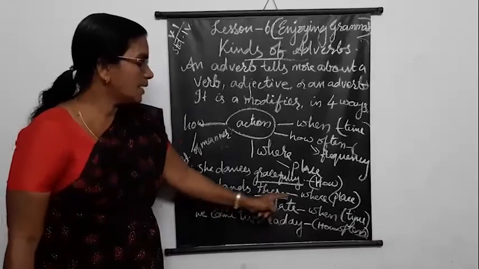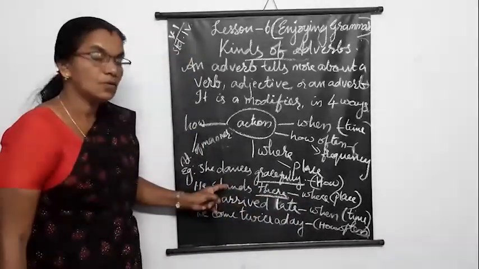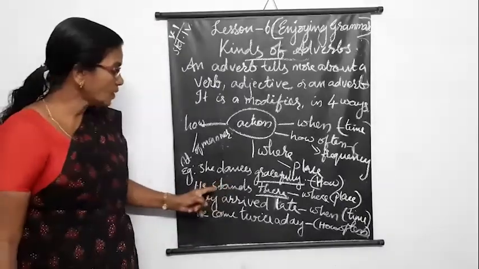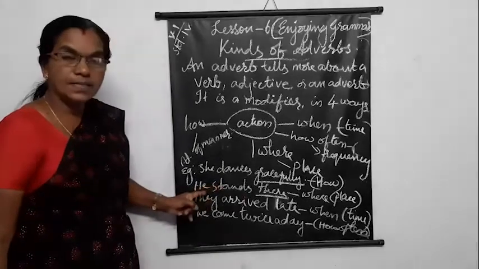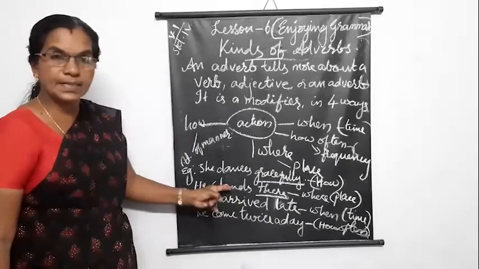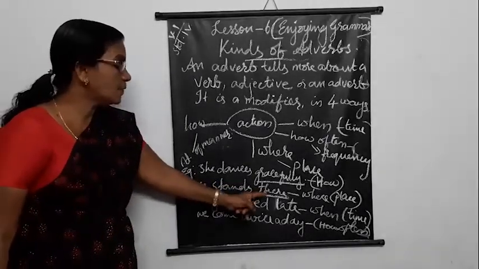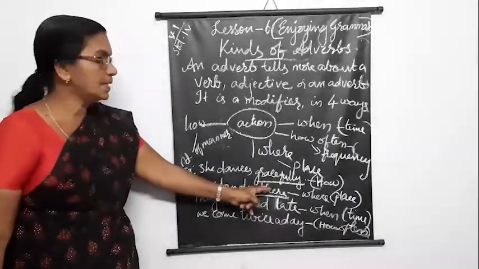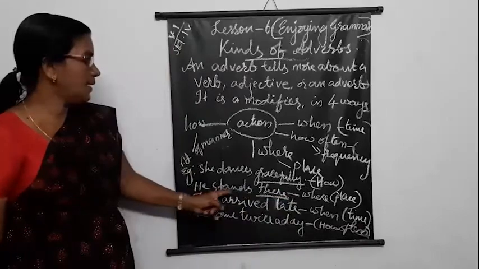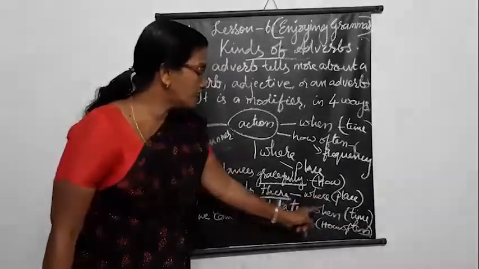The word there tells where the subject performs the action. What action does the subject perform? The subject he stands. Stands is the verb here. It is the action. The action is performed there. So place. It is the adverb of place. So where does he stand? He stands there. It is the adverb of place.